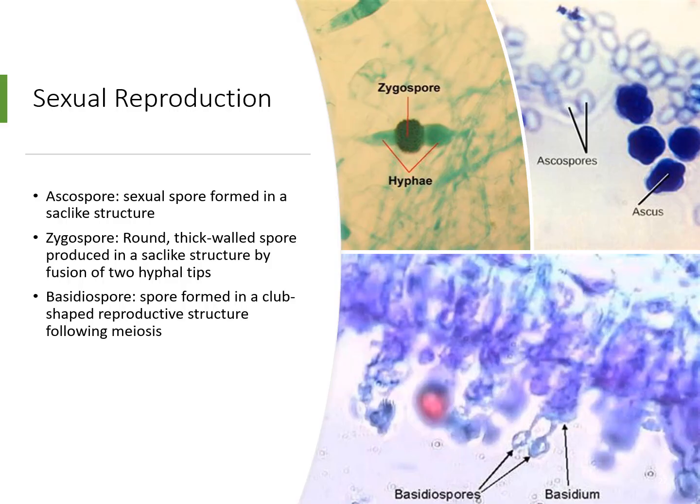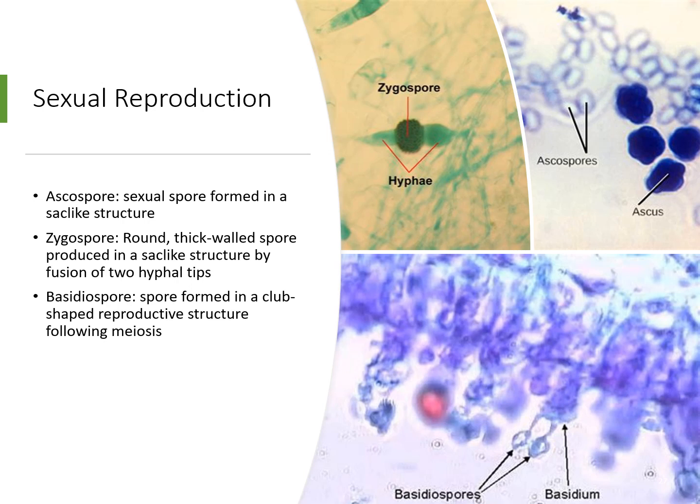When referring to sexual reproduction, we're talking about the different forms and ways that they reproduce. So basidiospore, you can see at the very bottom, and this happens with a little club-like reproductive structure that comes after meiosis.